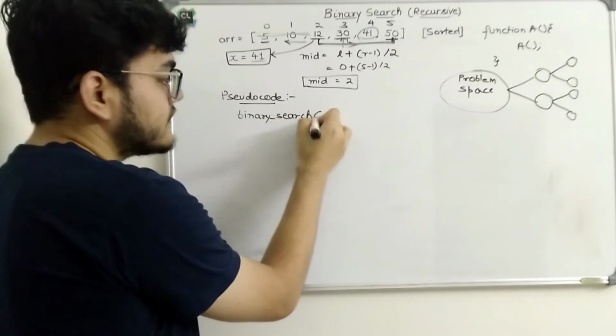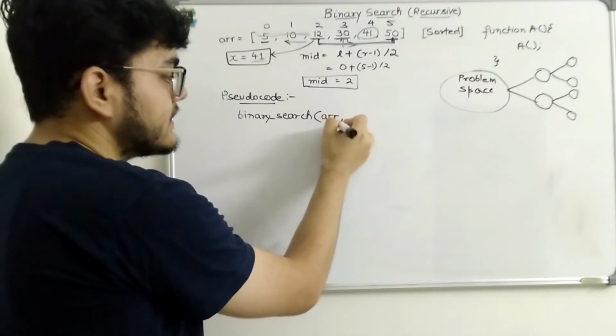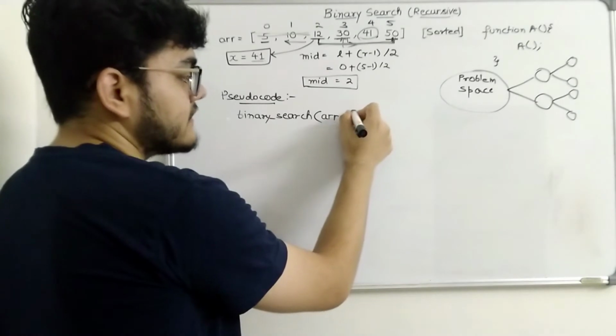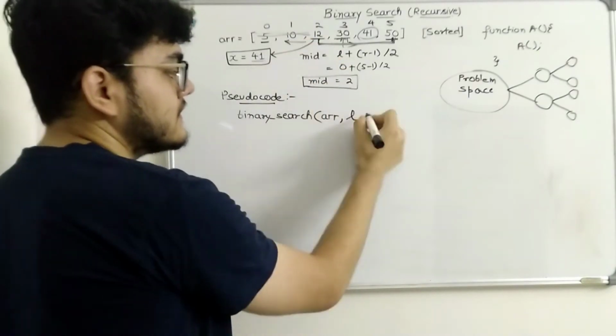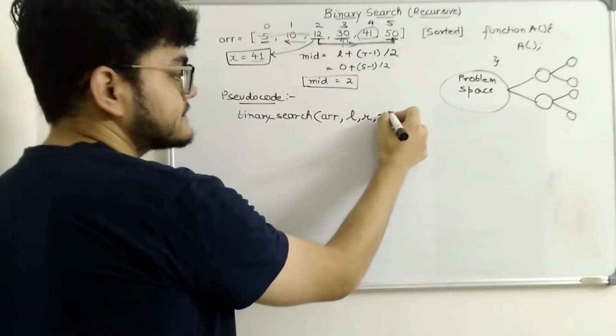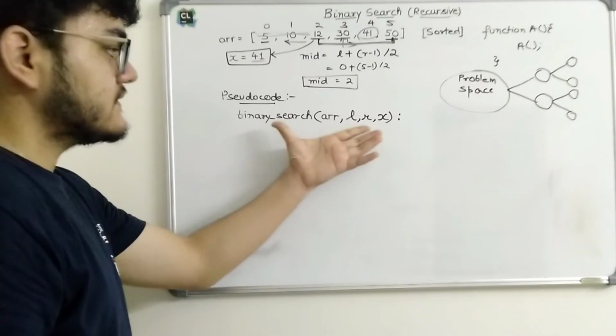And to this function, we will first have to supply the whole array, which is here, then the value of left position, the right position, and the element x. So this is the function call.